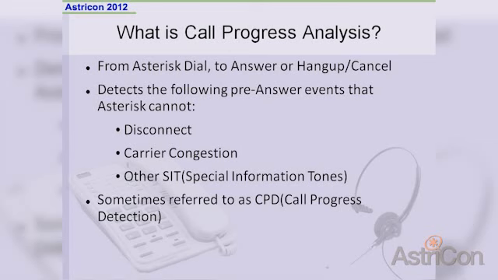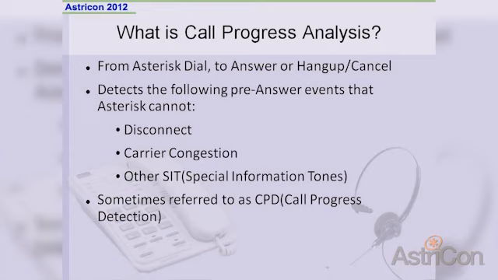But we've gotten a lot better in the last several years, and we're going to go over basically the history and what product offerings are out there. And it's gotten a lot more crowded in that field, which is a good thing, just in the last year. So first, we'll go over what call progress analysis is.